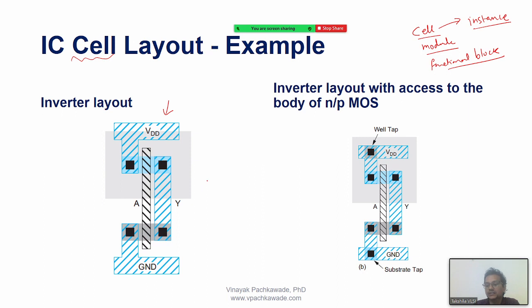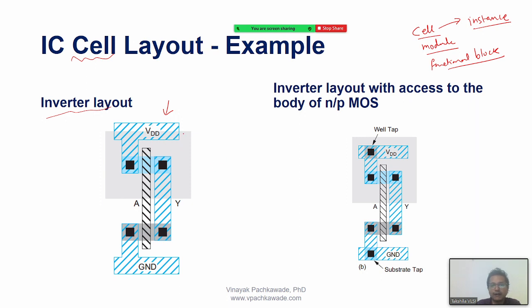Then using a latch, I will create a module of flip-flops, right? So we have seen that. Let's see how this inverter layout looks. Now you need to understand these layers very well, because I am repeating this.